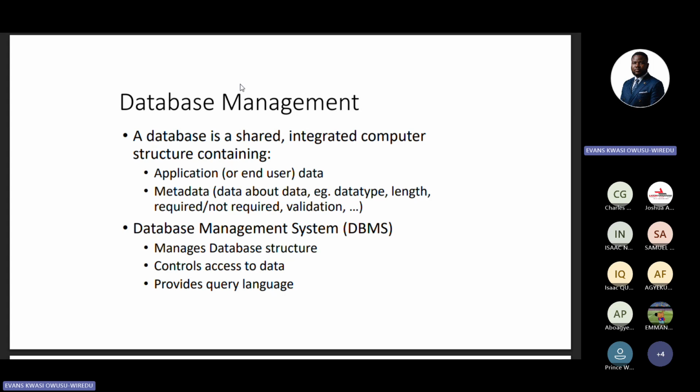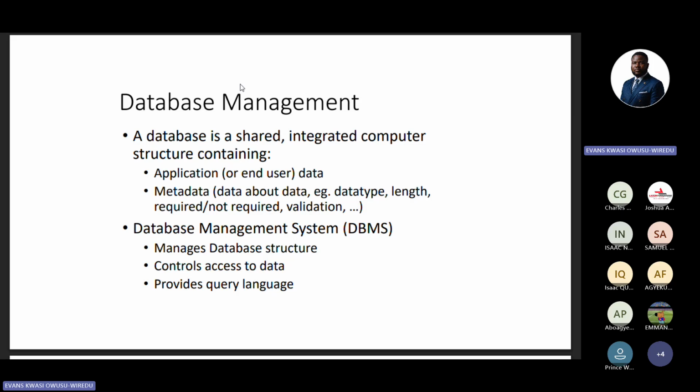So basically, what we are trying to say is that a database has in itself data that has to do with what you would need, and then data that is hidden. So this is what we mean by the metadata.